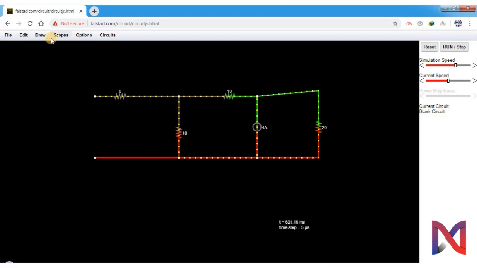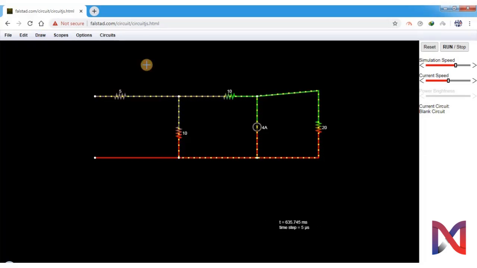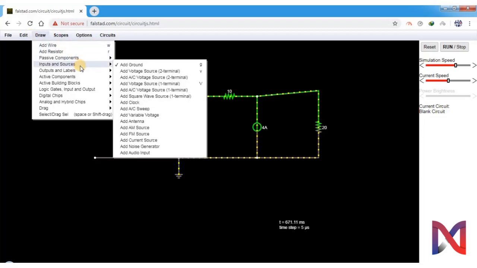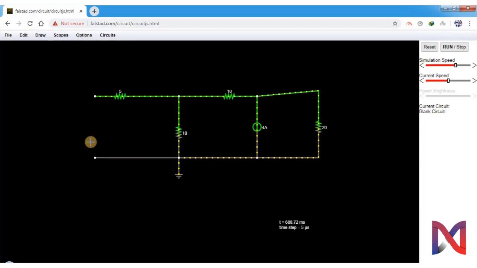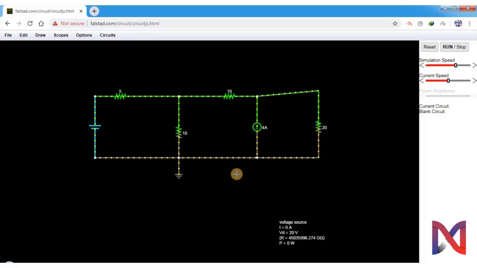We need to add our ground and voltage source. So we will add ground here, and now we will put our voltage source and change it to 20 volts. Now our circuit is complete.